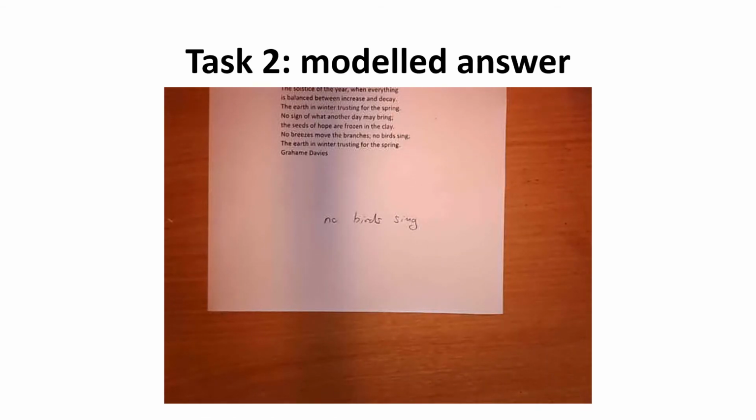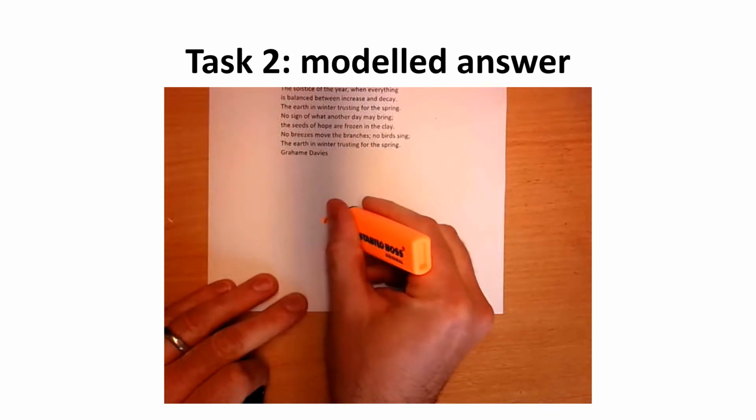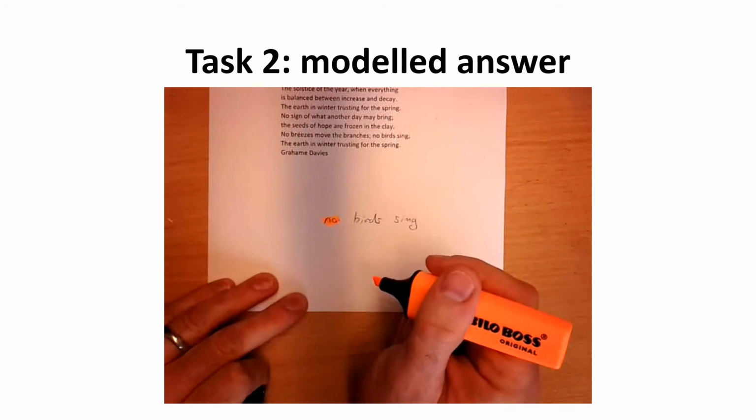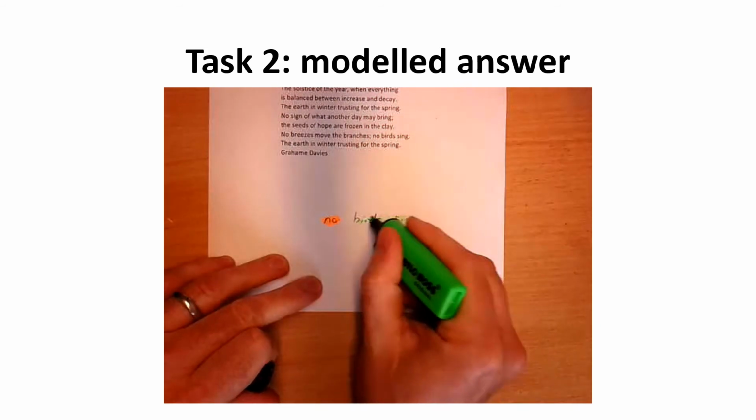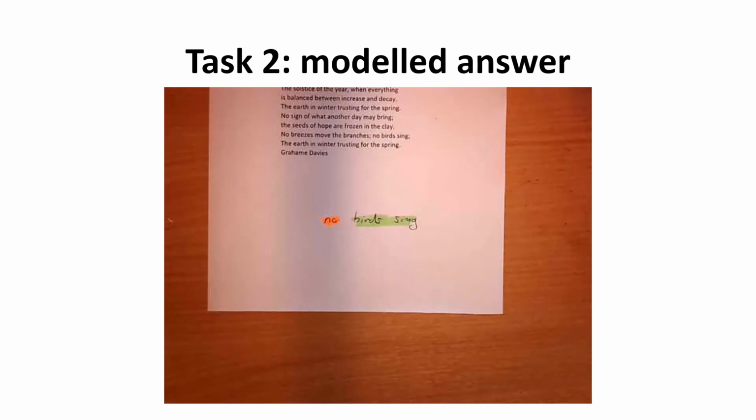Now I've chosen the quote, "No birds sing." I like that because in the first instance we have the word no. We've talked already about the fact that there is repetition there. So it's a sense of absence. And then of course we have the bird song, which is associated traditionally with freedom and positive things and life. Here, clearly not.